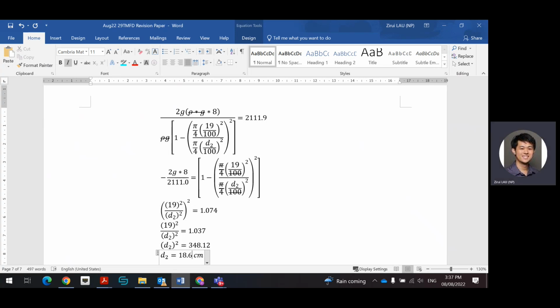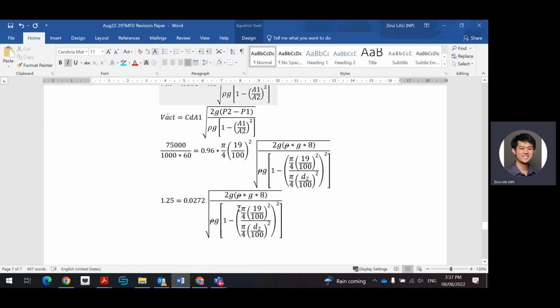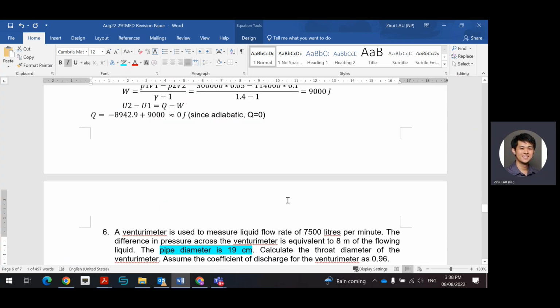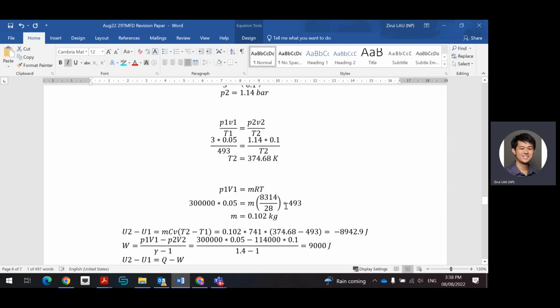No, the original one cannot be 18.66. Okay, one mistake that I had here is P2 minus P1. From the question, what did they say?